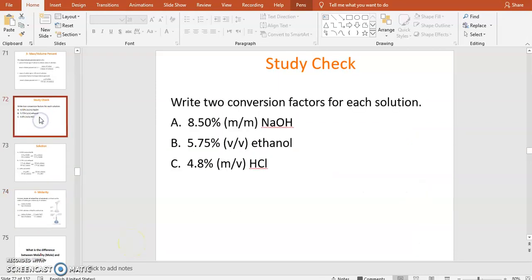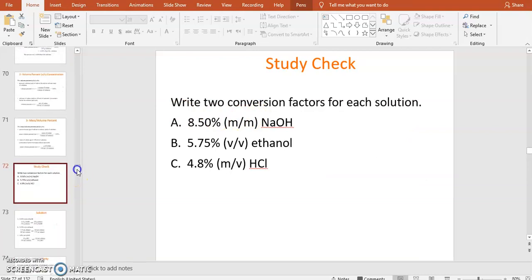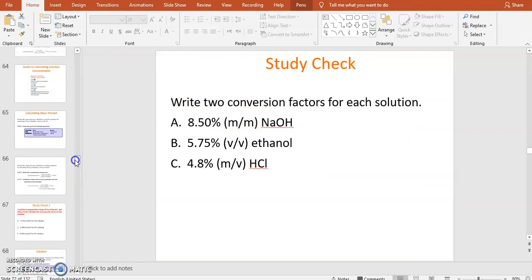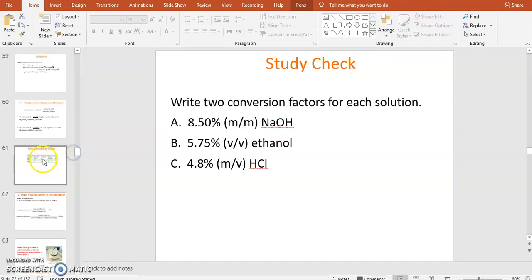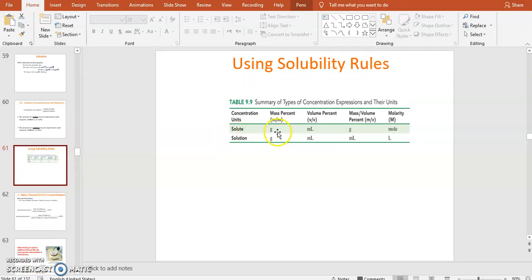So again, if we go to the solubility table that we discussed at the beginning, here we said that the solute can be in grams, the solution in grams or mLs, and then we have mole and liter. We discussed all three of these, m/m, v/v, m/v, but we also have a capital M, which means molarity.